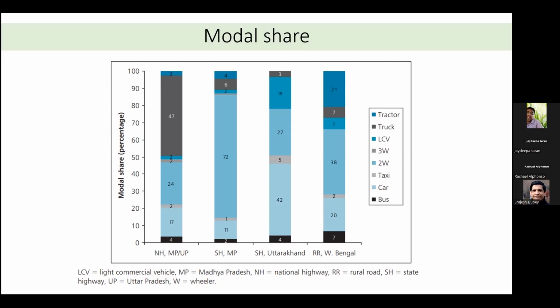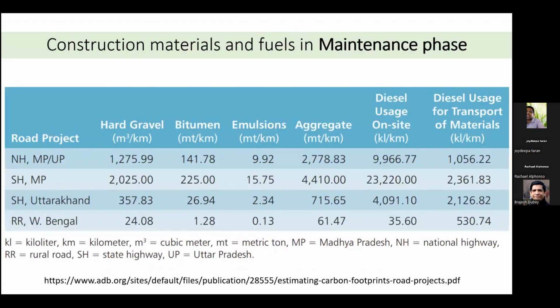So the more the data, the more accurate my results will be. So conduct a modal share and find out what are the different types of vehicles that are going, and connect all the necessary databases to this particular one. And then in the maintenance phase also, you have construction materials and fuels. Same, metric ton per 1 kilometer, consider all these materials.